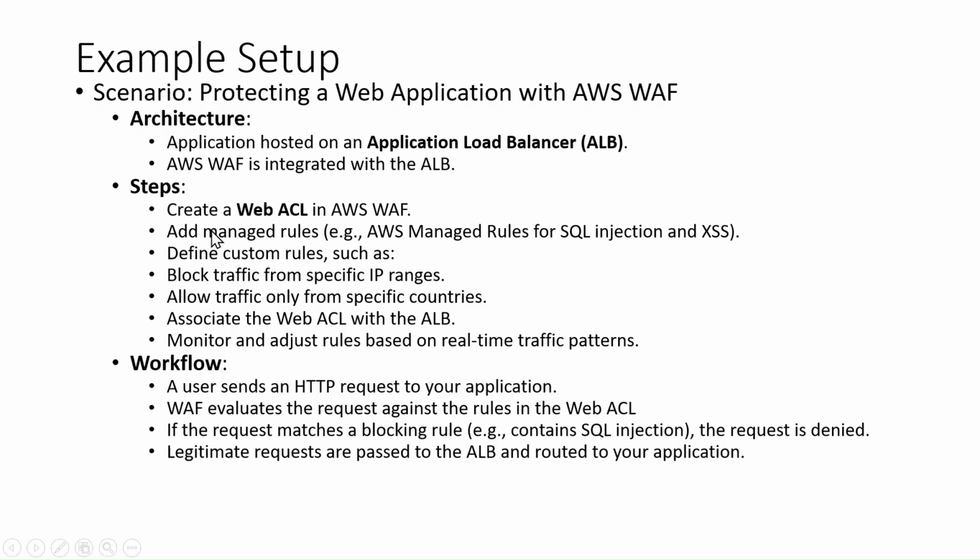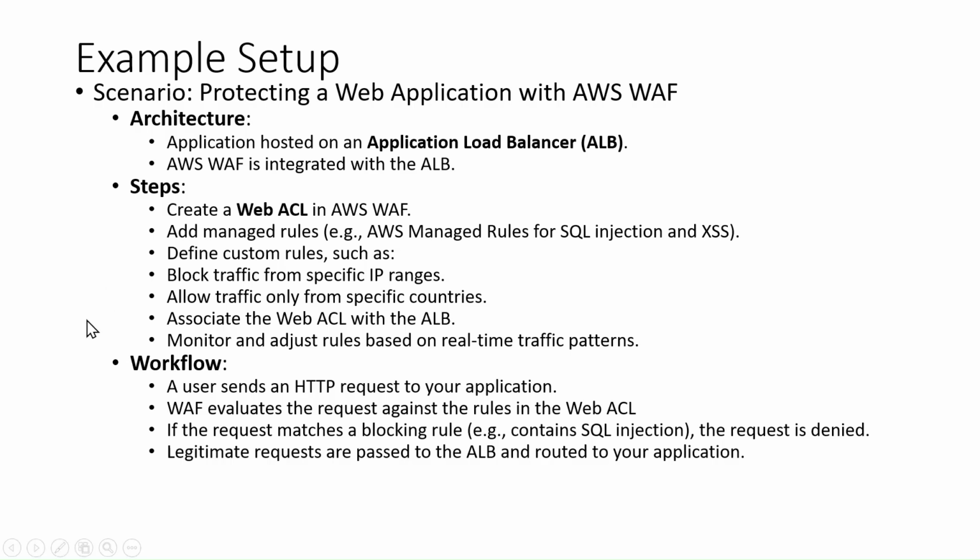Next is the web ACL, that is the access control list, in AWS WAF, and adding managed rules. Here we will be adding the rules. If possible, I will try to show you through the visuals, but I won't be creating anything.